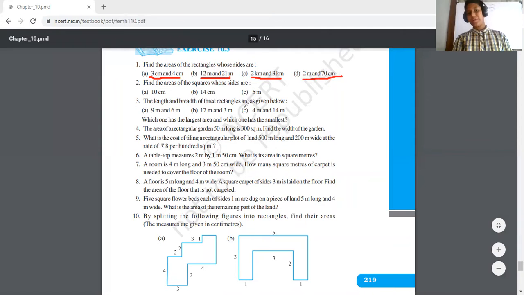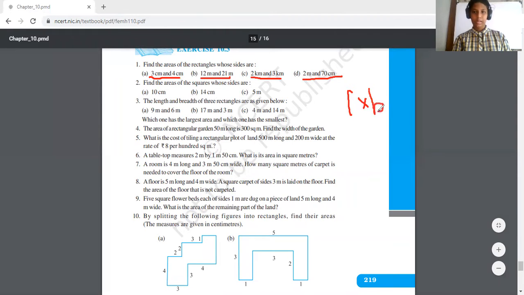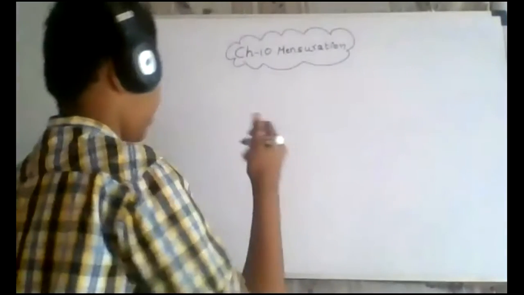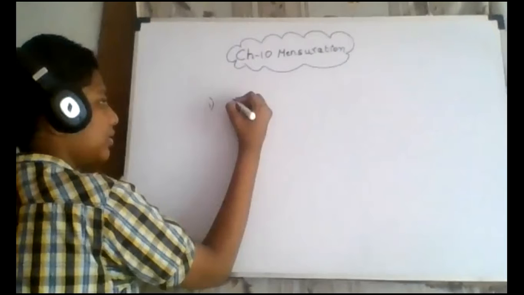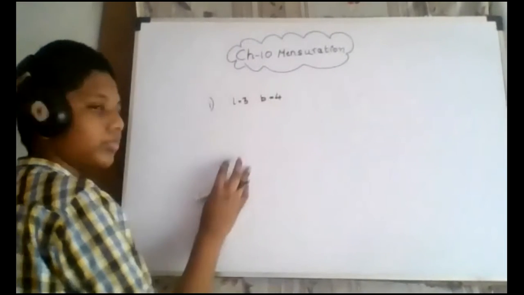The area of a rectangle is length into breadth. Here length is 3, breadth is 4.